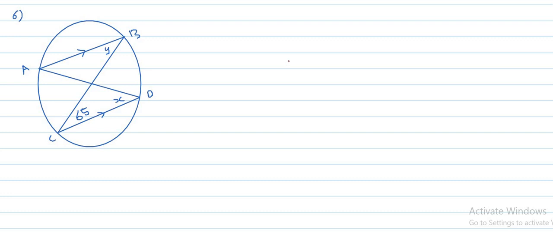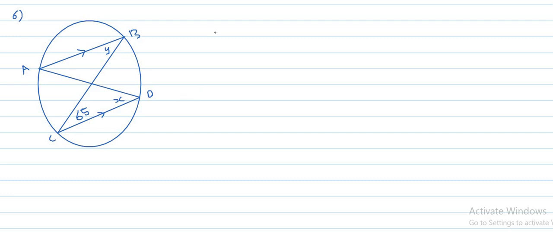Question 6, we are given the circle with points A, B, C, D on the circumference, and looking at our circle, we can see that AB is parallel to CD. Then we need to determine the value of x and y.